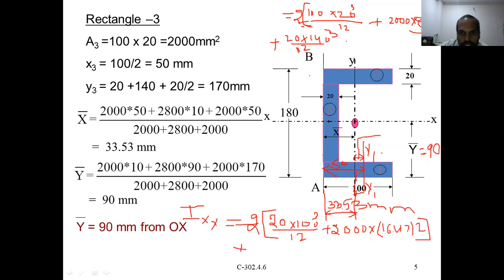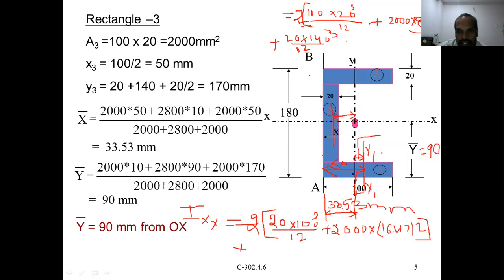Now take figure 2. Again, its centroidal axis lies here, but the section centroid lies here, so again we have to apply the parallel axis theorem. For that one, we need the distance between these two axes: the y axis of the figure considered, y2, and the y axis of the entire section.